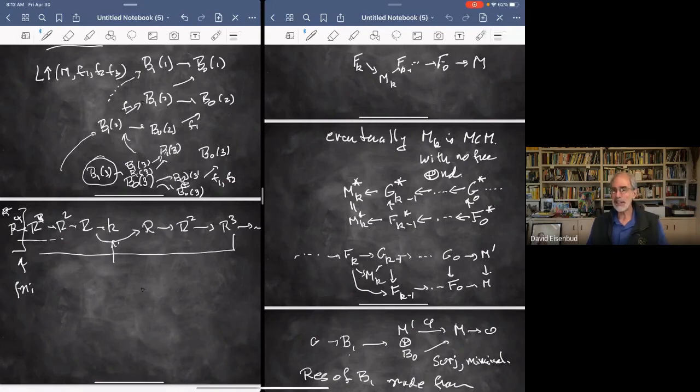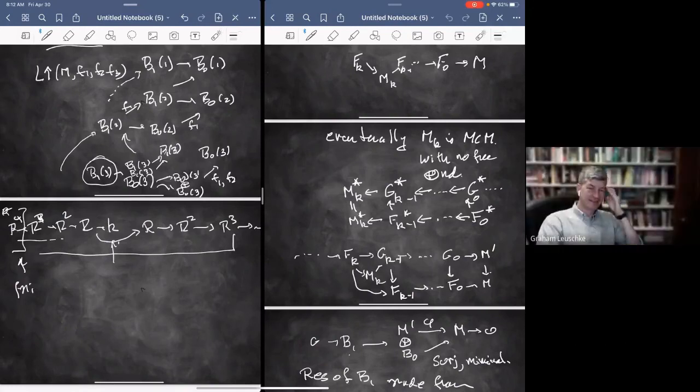Do you have a good answer to that, Graham? I see you smiling at this question. No, certainly not. In some sense, this is what the singularity category is for, right? That it throws away the ends and tells you what the relevant part of the middle is. But now you're living in a derived category, in some weird triangulated place. So it may have the answer, but you can't read it.